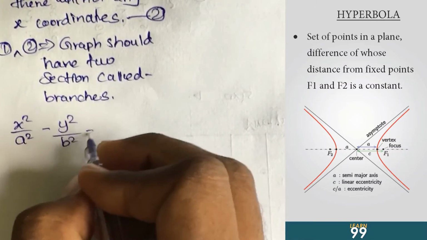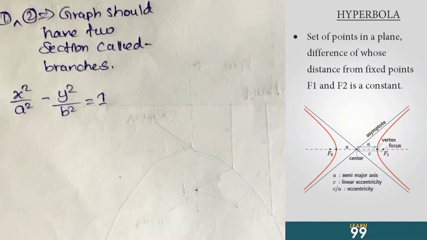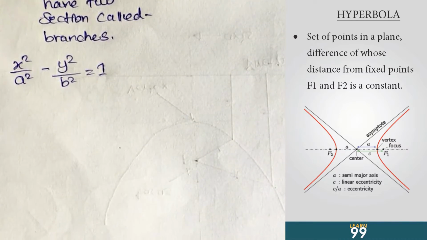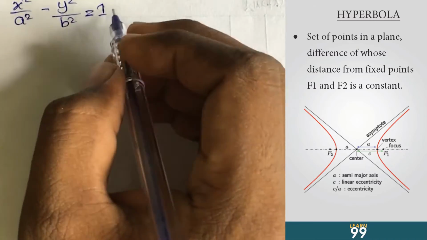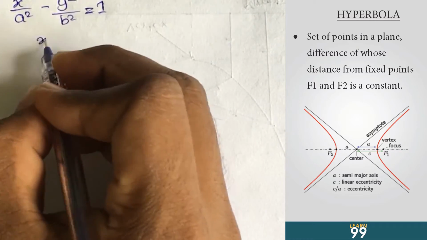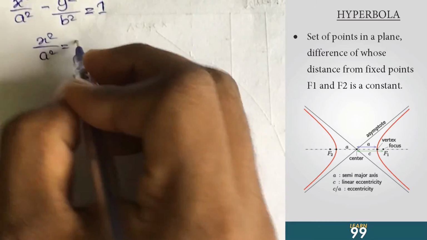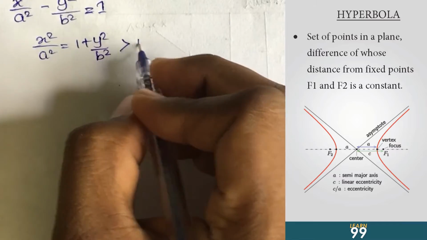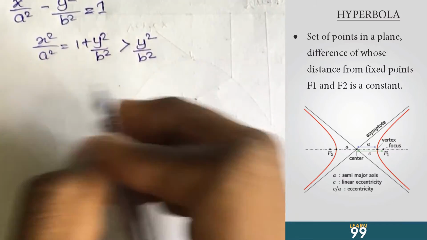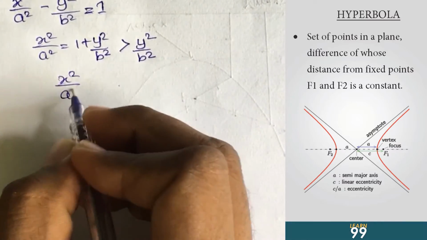Now we can prove another important property here, that we can take y squared over b squared to the right side, and also we can see this is greater than y squared over b squared, which means x squared over a squared should always be greater than y squared over b squared.